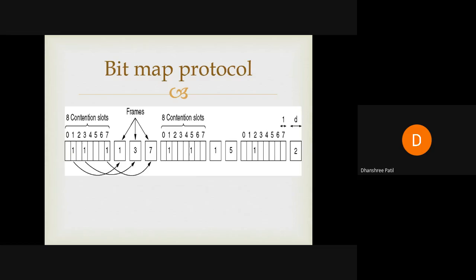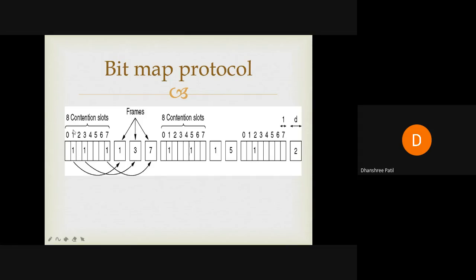So in case of the bitmap protocol, each contention period consists of exactly n slots, like 7, 8, whatever. Now suppose any station wants to send data or a frame, it transmits a one bit during its slot. For example, suppose station number 1 wants to send a frame. It will transmit one bit during its own slot.